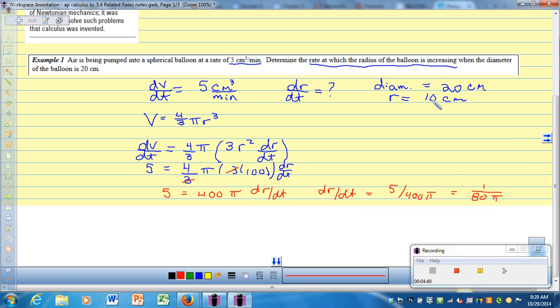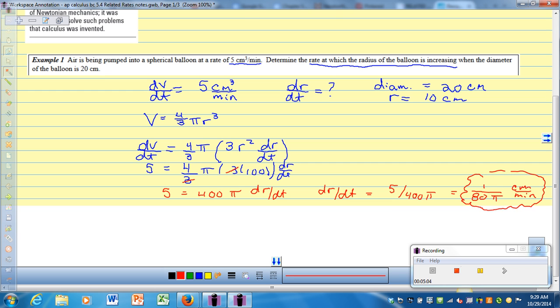Our radius squared, 10 squared. And you will always need units. Again, dr/dt is the change in radius with respect to time. Radius is measured in what? Centimeters per minute in this case, for our rate. And there's our solution.